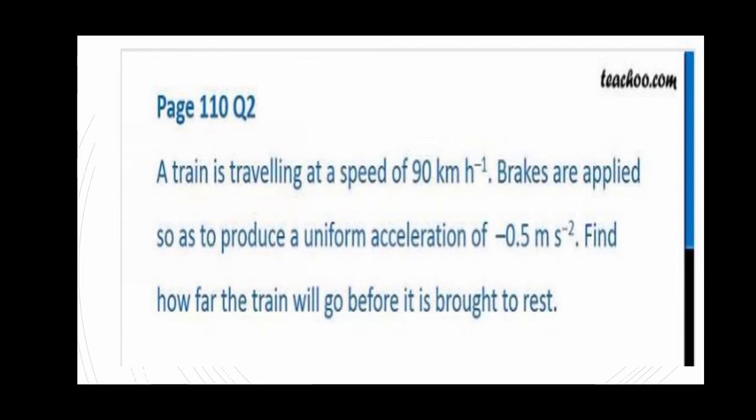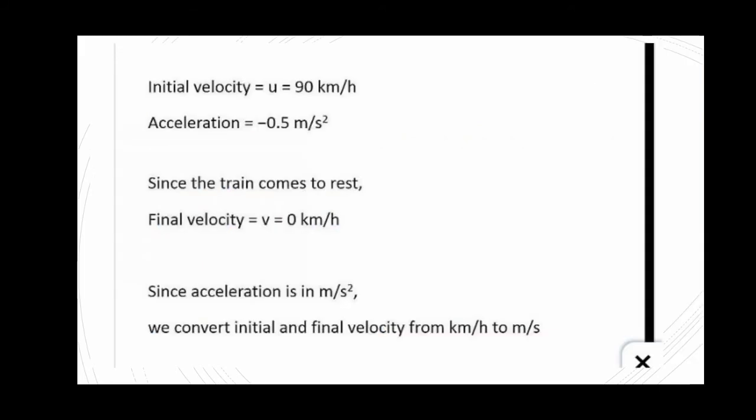A train is traveling at a speed of 90 km per hour. Brakes are applied so as to produce a uniform acceleration of minus 0.5 meter per second square. Find how far the train will go before it is brought to rest. Here we have initial velocity u is equal to 90 km per hour.